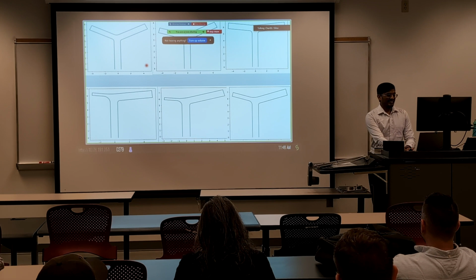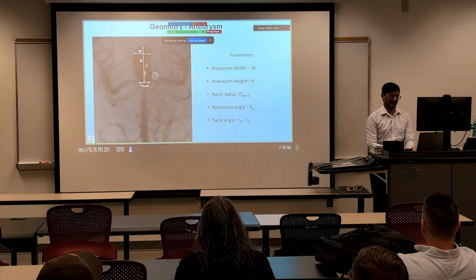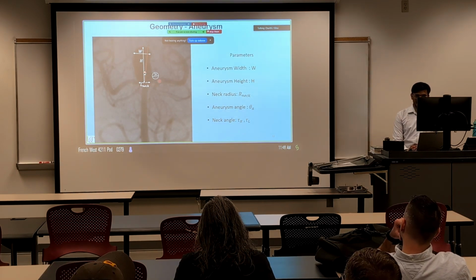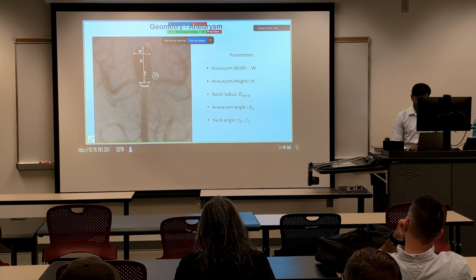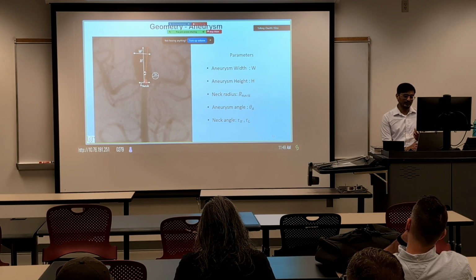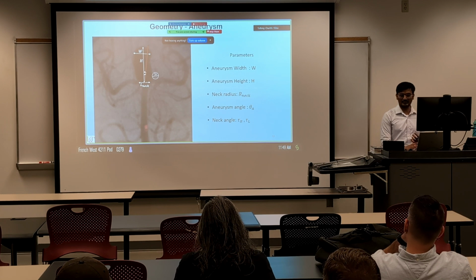Okay. So the next task is to construct the aneurysm. Now, these are some of the variables that I introduced earlier, and there's one more thing that I didn't mention earlier. That's this direction of flow. So here, as the direction of flow, we take it as the tangent direction to the A1 vessel.